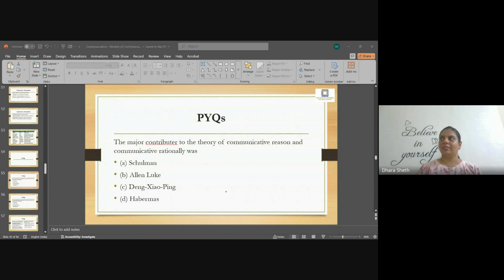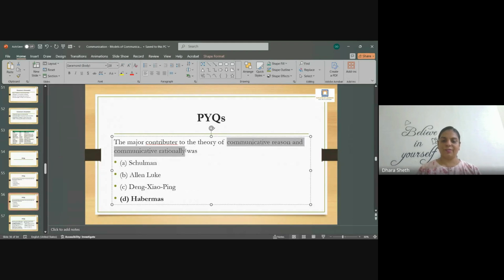And after that, at least in the first 3-4 pages of Google search, you can't find names of more theories. Okay. So Habermas is the answer. Remember this, communicative reason, communicative rationality is Habermas.